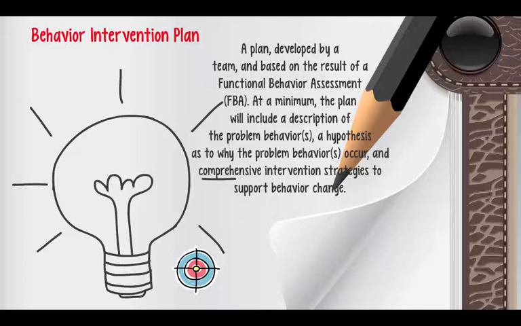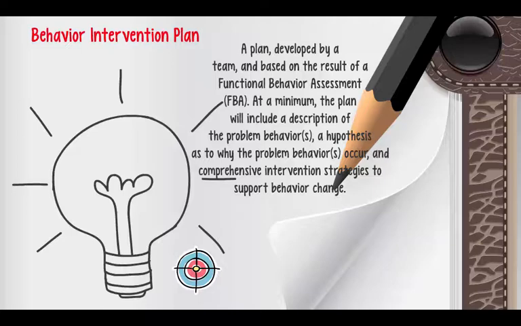So I underscore that. It's also the result of a functional behavior assessment or a functional analysis. So that is the driver. The FBA, the functional behavior assessment or the functional analysis process, is the driver in terms of how a plan is developed. Because as you recall, we have to understand the function of behavior.